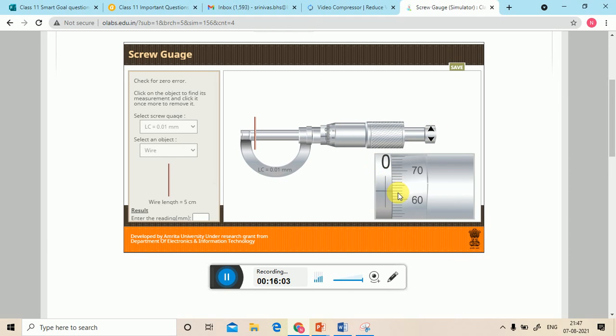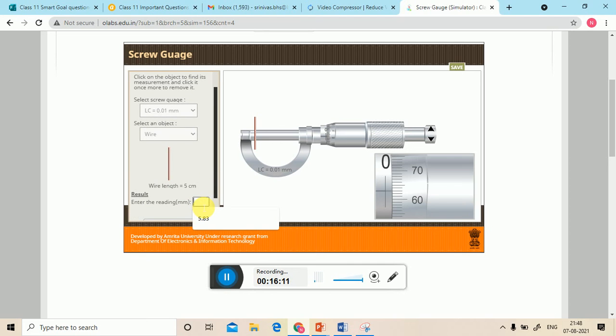Pitch scale reading is 0. So write the value first, 0 point, and head scale reading is 60, 61, 62, 63. So head scale reading is 63, and if you include that error, you will get 65. So 0.65 millimeters is the thickness of the given wire.